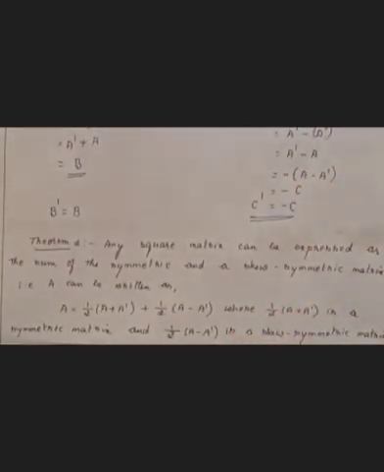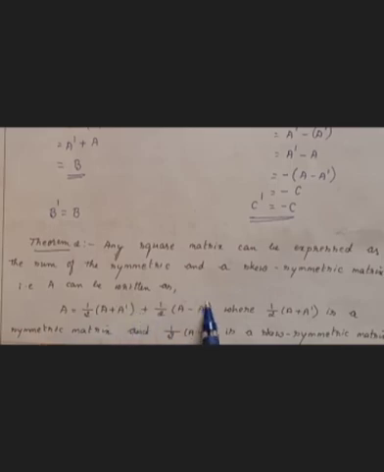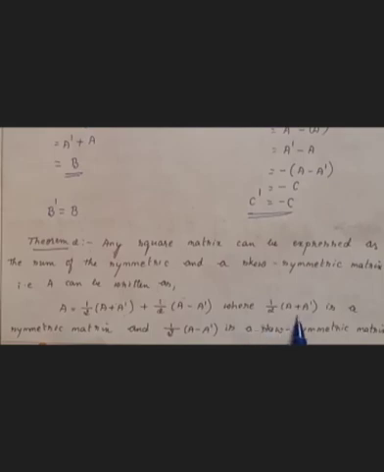Therefore, any square matrix A can be written as the sum of a symmetric and a skew symmetric matrix. So, 1 by 2 A plus A dash is a symmetric matrix and 1 by 2 A minus A dash is a skew symmetric matrix.